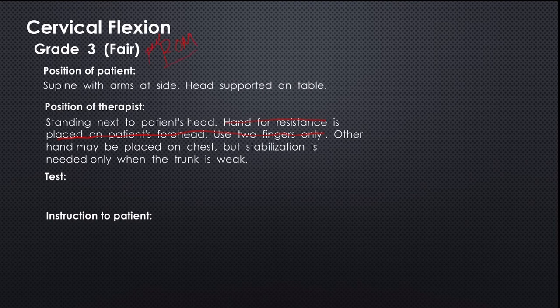This should be full ROM against gravity, and lastly the resistance. But this time there should be no resistance for grade 3. Again, no resistance for grade 3. This is my mistake.